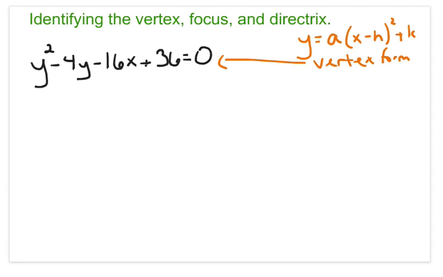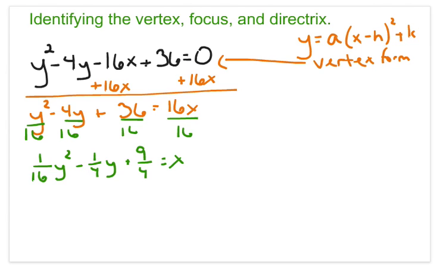So remember to do that. If you had this in standard form for a quadratic, it would make your life easier. So instead, let's take this quadratic and solve it so that we have it set as either x equals or y equals. Okay, so let's make it x equals.